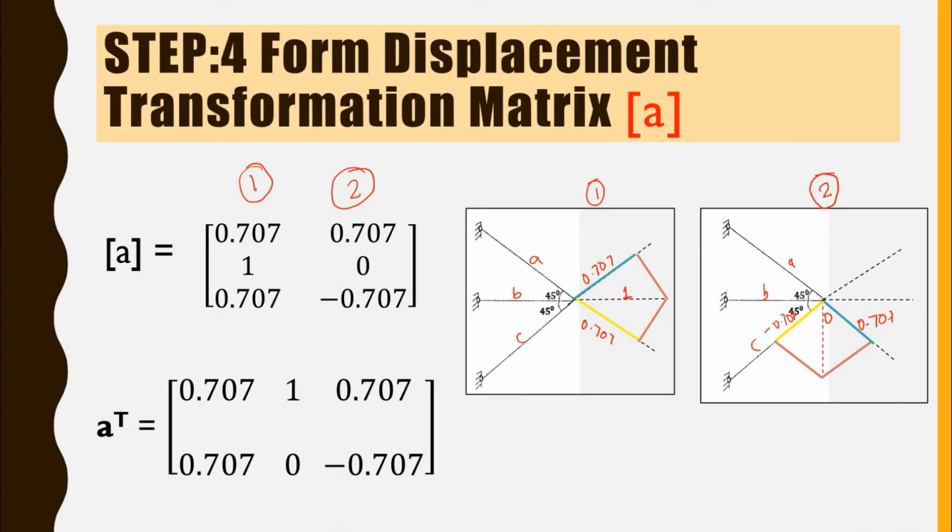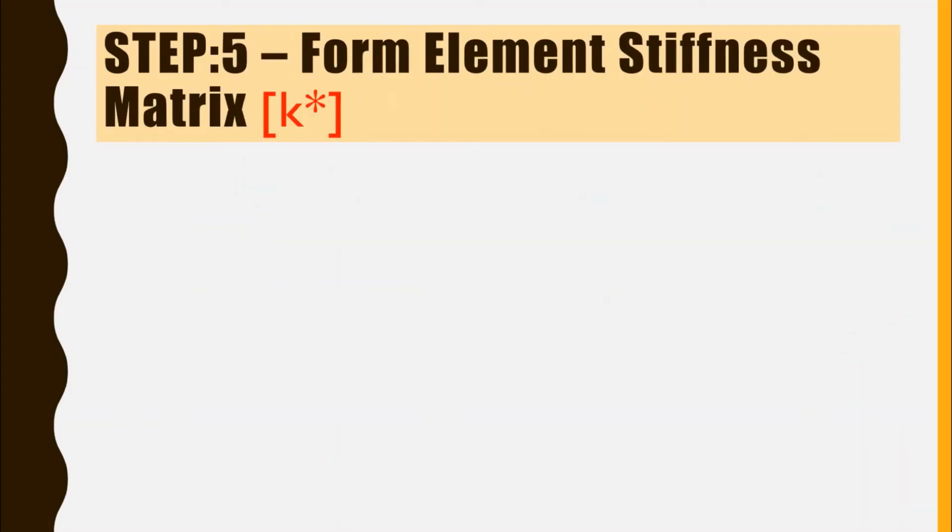Now let us move to the fifth step, that is to form the element stiffness matrix. Here we have only a simple equation, that is K star is equal to AE by length of the member. Here AE and length of the members are not known, so let us take all as AE by L itself.